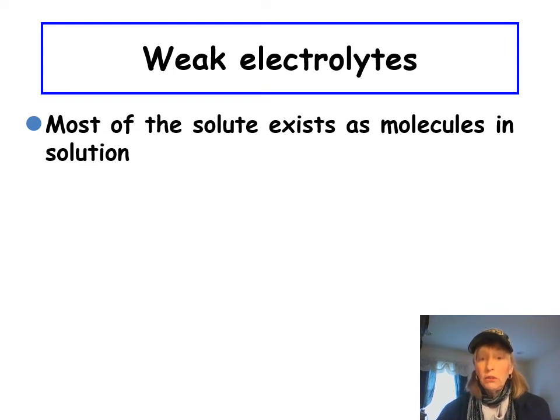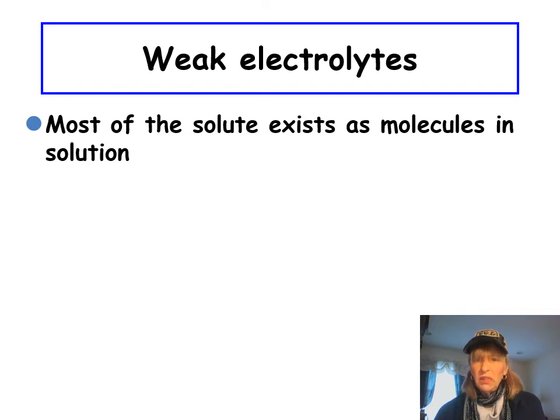How do they differ? Well, when you dissolve a weak electrolyte, a solute that is a weak electrolyte, in water, most of the solute at the end of the solution process exists as molecules in solution, not ions.